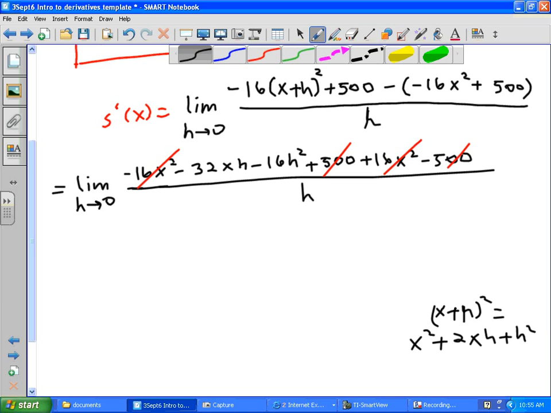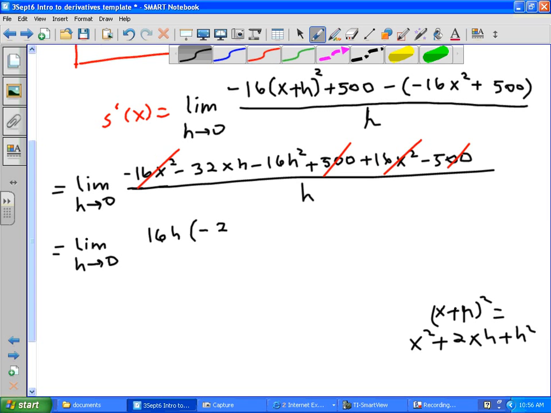Now, if we plug in h right now in the remaining terms, we're going to have 0 over 0, which is indeterminate. To get rid of that, we're going to factor. We can take an h, but while we're at it, let me go ahead and take out a 16h. So what's left inside?